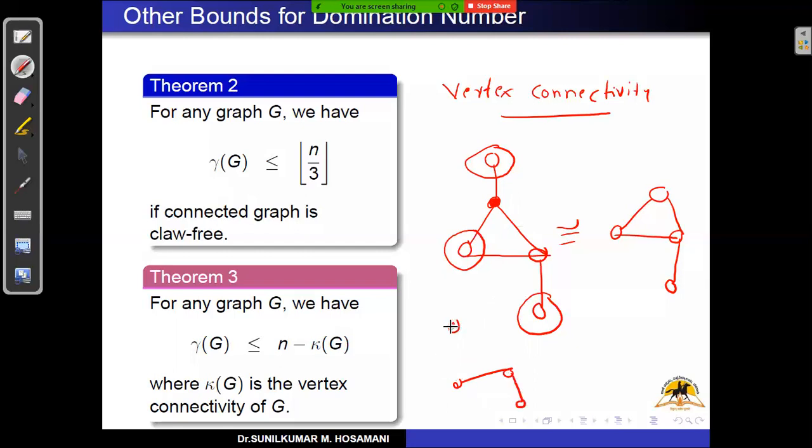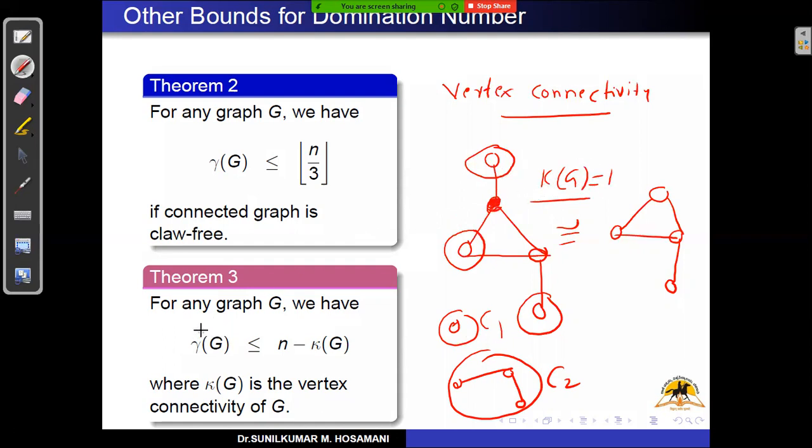So here you can see that we got two components. So this is component 1, C1, and this is second component, C2. So clearly which is a disconnected graph. Okay, therefore vertex connectivity of this graph is 1 here. So vertex connectivity means removal of minimum number of vertices results in a disconnected graph. Okay, so therefore vertex connectivity of this graph is 1.